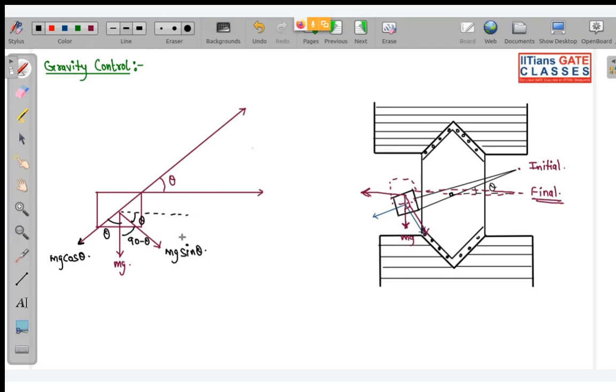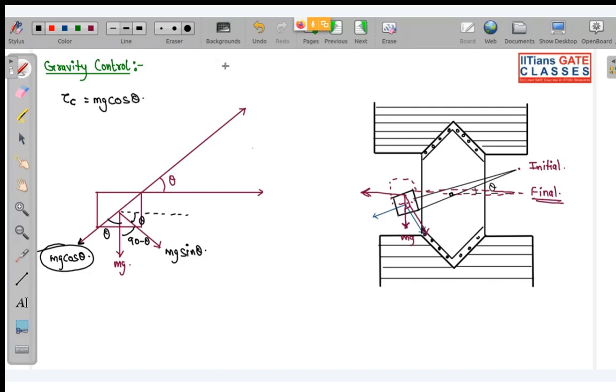Basically, this mg cos theta is balancing the weight of the needle. So here the controlling torque is equal to mg cos theta.